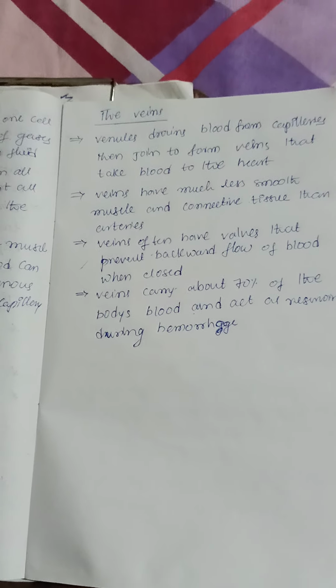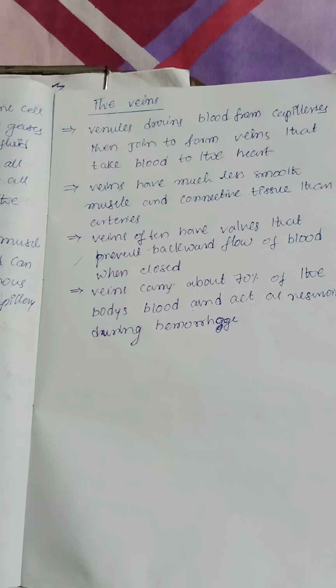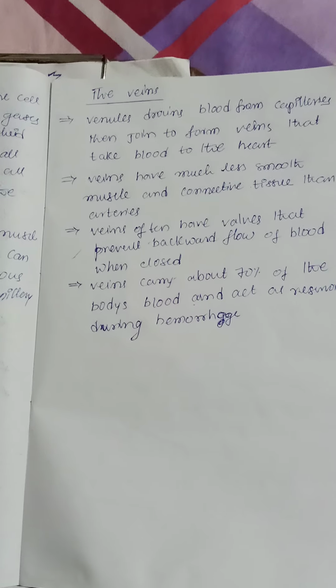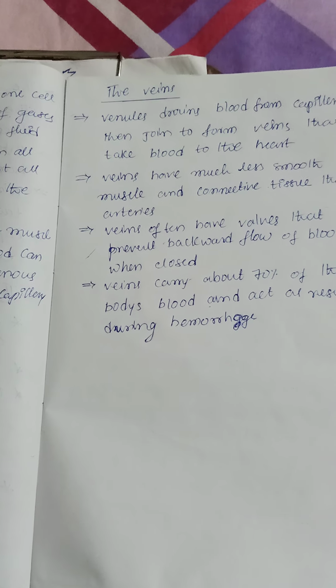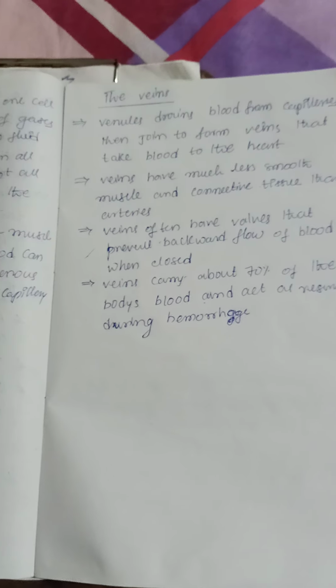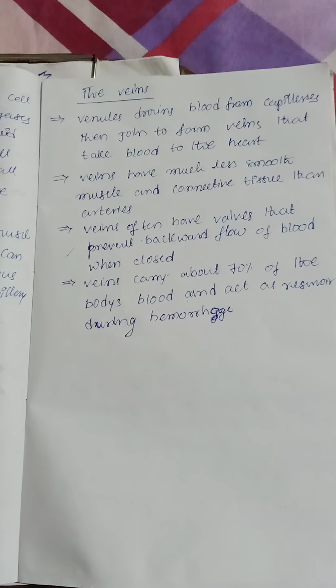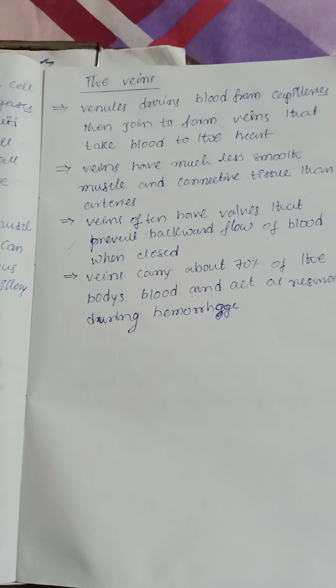So what is the meaning of this? Veins have much less smooth muscle, but the arteries have more, because a large amount of smooth muscle tissue is present in the inside layers of the arteries.